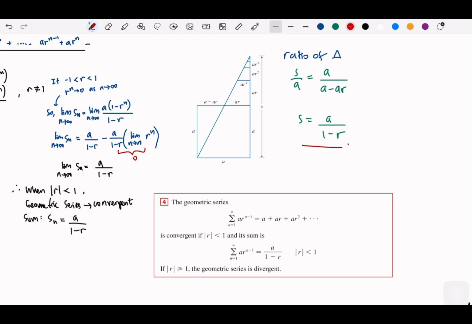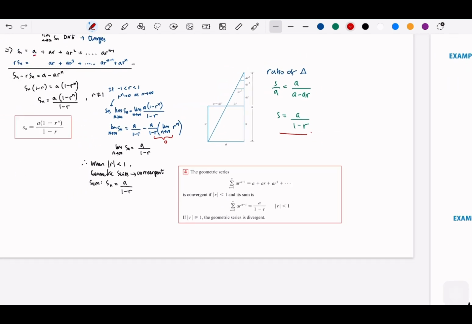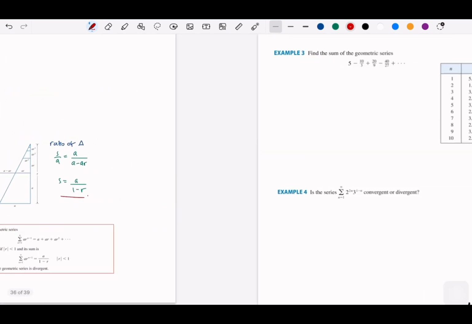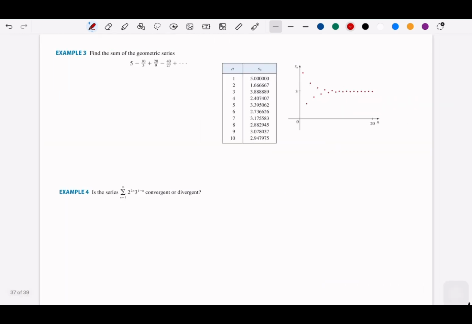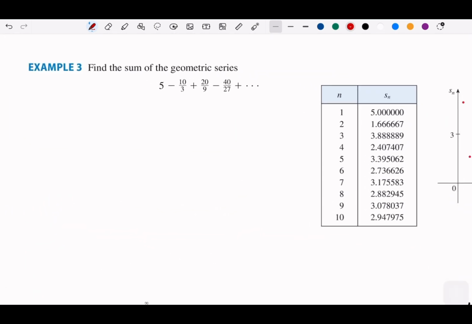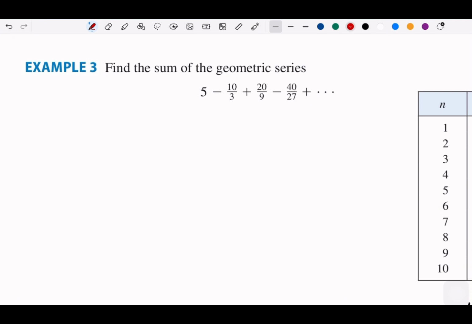Okay, just a quick note and example. If we are given this kind of series, I think this is quite simple, right? If you want to find the sum of the geometric series, first we need to know what the first term is.